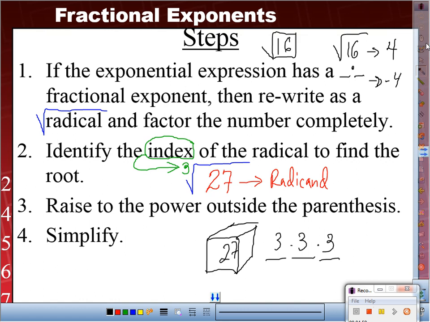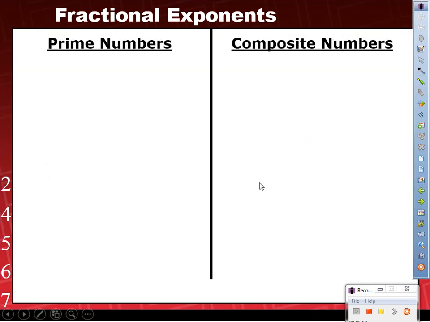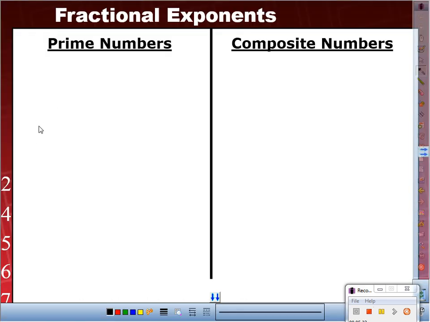All right, let's move on. Yesterday, on Monday, when we did the prime factorization, I said prime numbers and composite numbers. And I said prime numbers are numbers with factors 1 and itself.